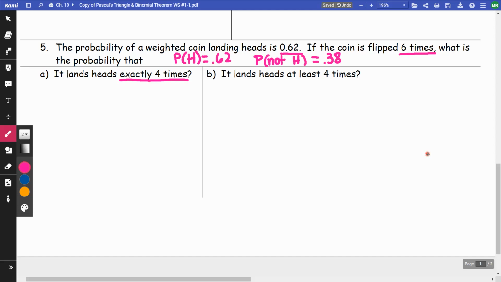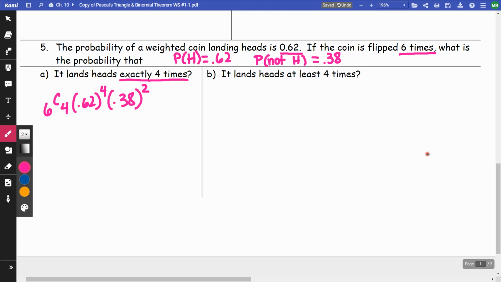Since there were 6 tries and we want exactly 4 of them to be heads, I'm going to take 6 choose 4 times 0.62 to the 4th and 0.38. Since there's 4 successes, that means there are 2 failures.